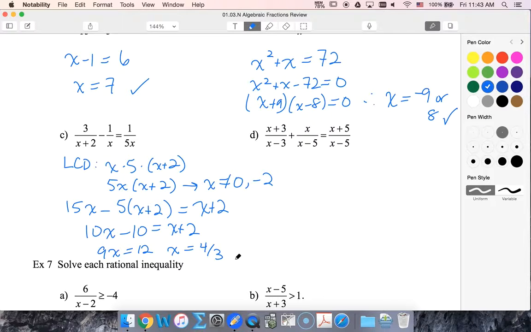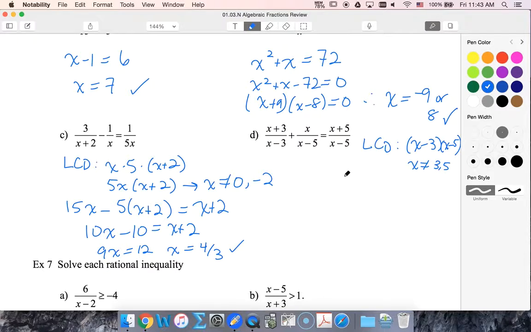Okay. In this case, LCD is x minus 3 times x minus 5. That tells me that x can be neither 3 nor 5.